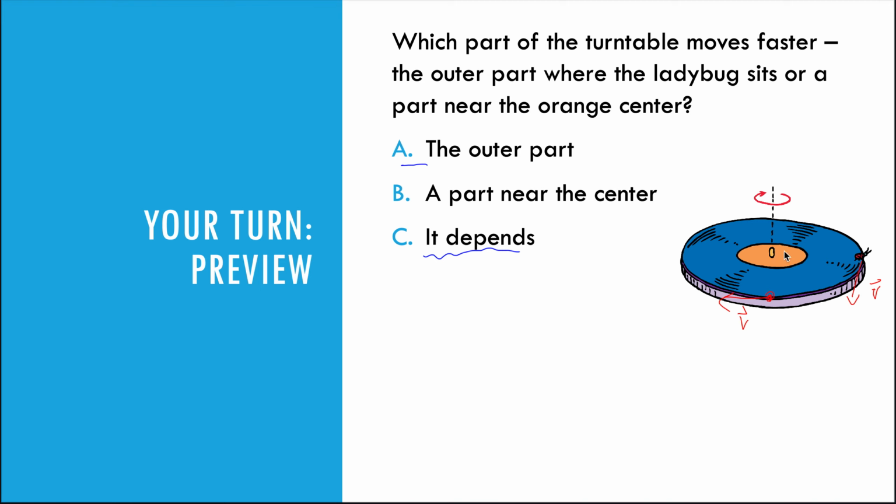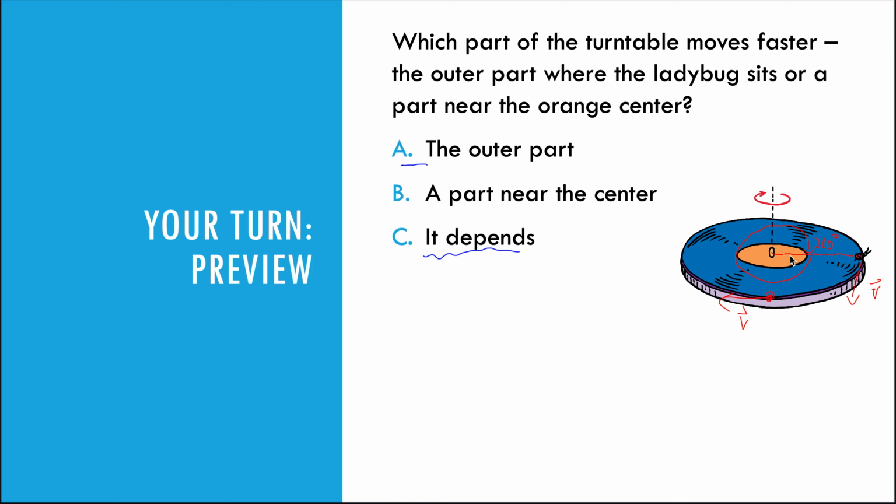But in this chapter, we're talking about rotational motion, so we're going to look at circular motion, and we're going to use angles. So think about the angle through which the ladybug is rotating. So you start the ladybug here, and she's doing a full revolution. Well, that's an angle of 360 degrees.